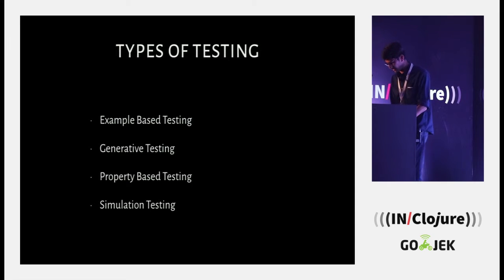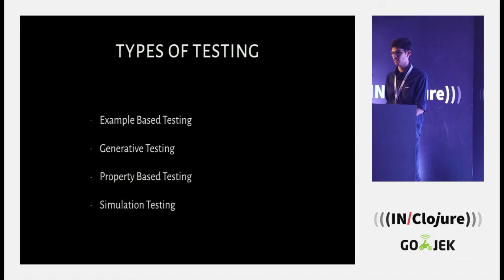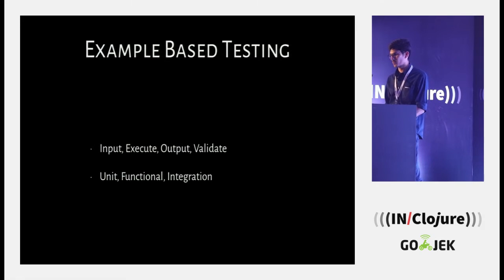Okay, with that in mind, let's take a few steps back and revisit some things that we already know. I'll start with example-based testing. Example-based tests are the tests that we usually write, our usual unit tests. Functional tests and integration tests are all probably example-based tests.